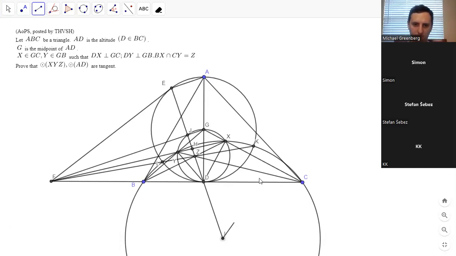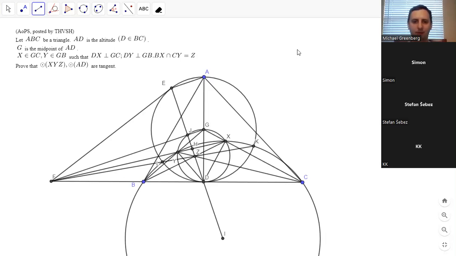So by Brocard's theorem, we have already shown that F, Z, and K are collinear, I think. Yeah, I'll have to write this all out just to remember, but okay, let's assume that's true.